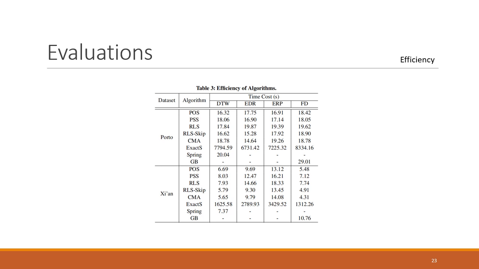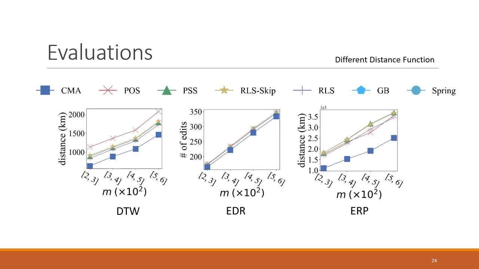CMA can find the optimal subtrajectory quickly regardless of the distance function. POS and RLS-Skip are the fastest, but they are approximate algorithms. All algorithms except CMA have poor performance when DTW is used as the distance function, regardless of the length of the query trajectory.